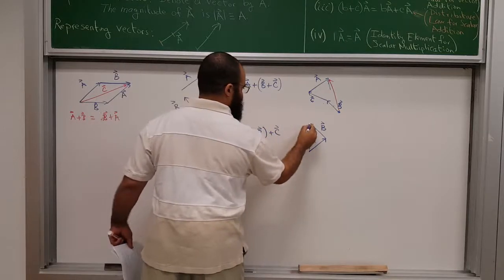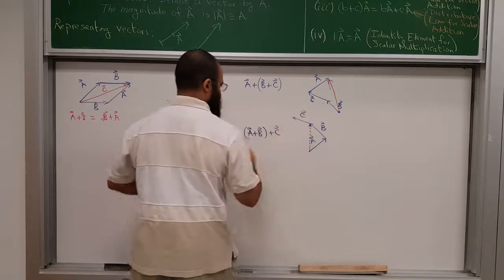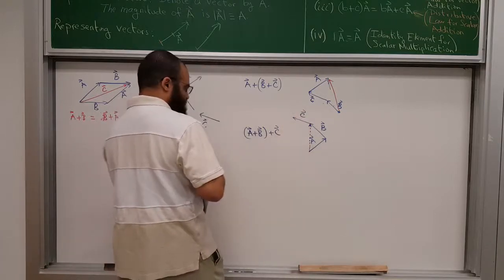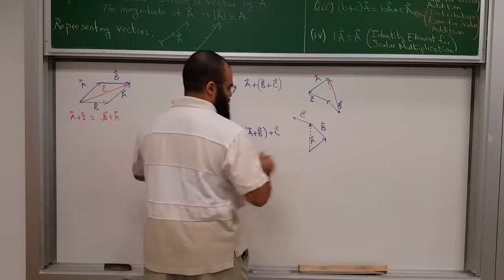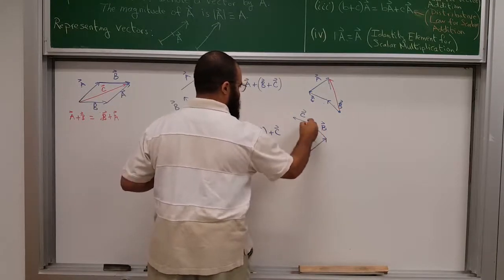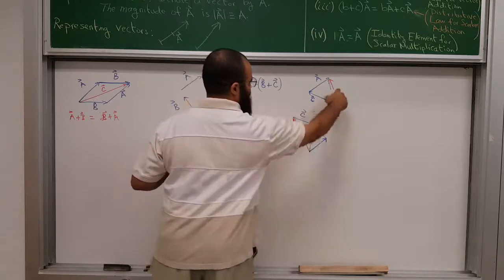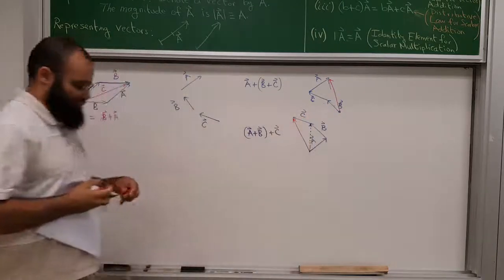So what's the end result? This is A plus B, and I added to it C. I started here and went like that, so you get a similar vector to this. So it's the same result.